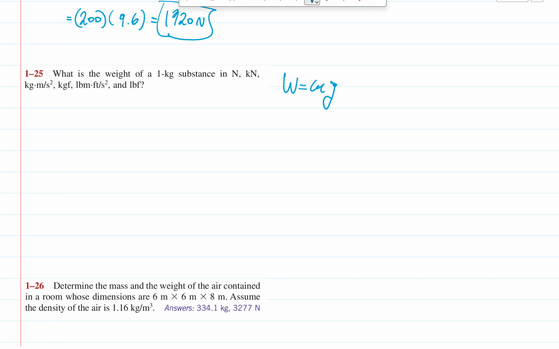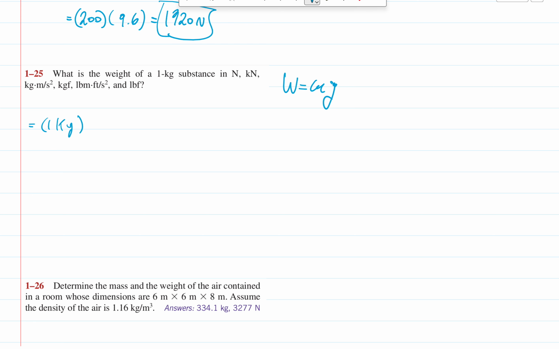In order to find that out, assuming that we have one mass, we're just going to assume that the mass is 1 kilogram and the acceleration is 9.81.